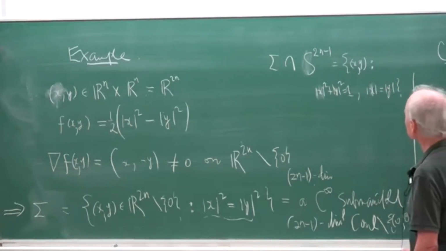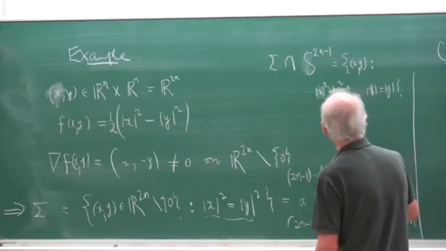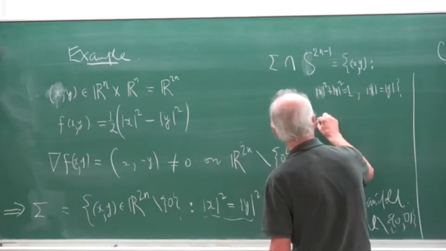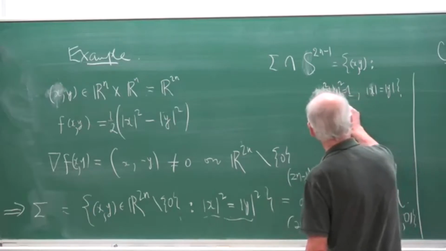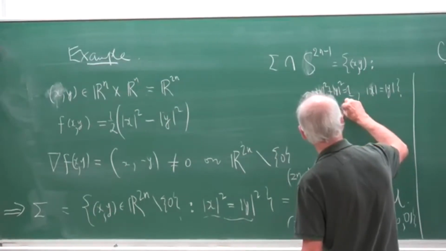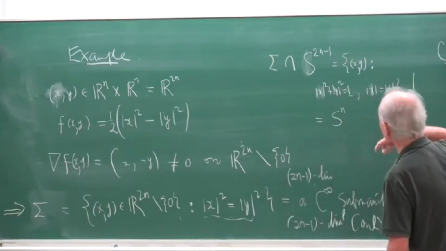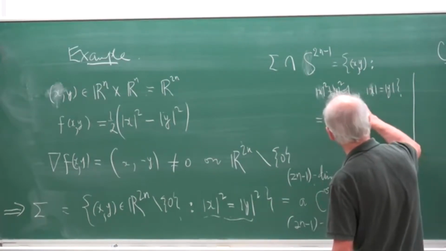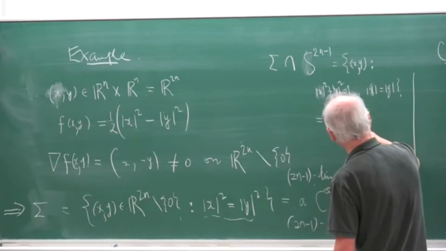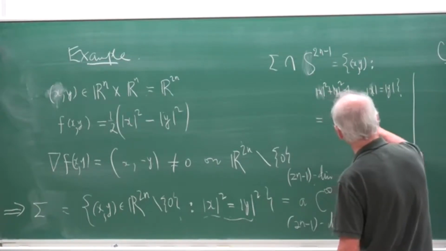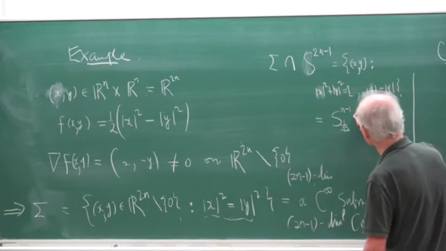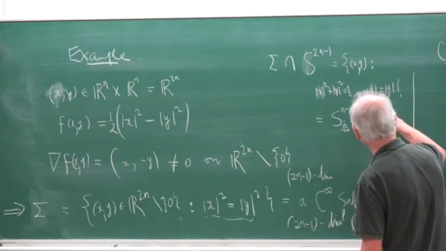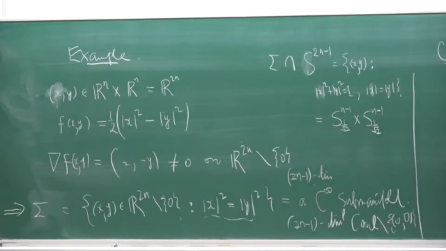Well, notice that's the Cartesian product of two spheres. In fact, you can write this as S^(n-1) with radius 1 on root 2, because you get a 1 on root 2 from each of these, Cartesian product S^(n-1) with radius 1 on root 2. So that's what the intersection was.